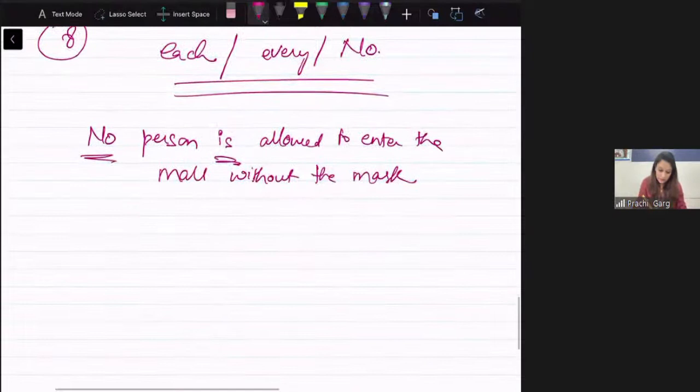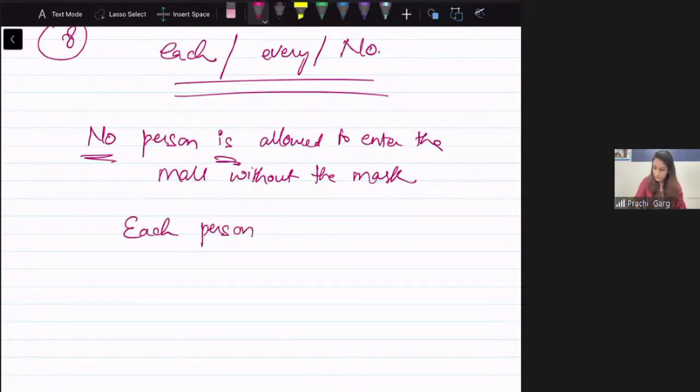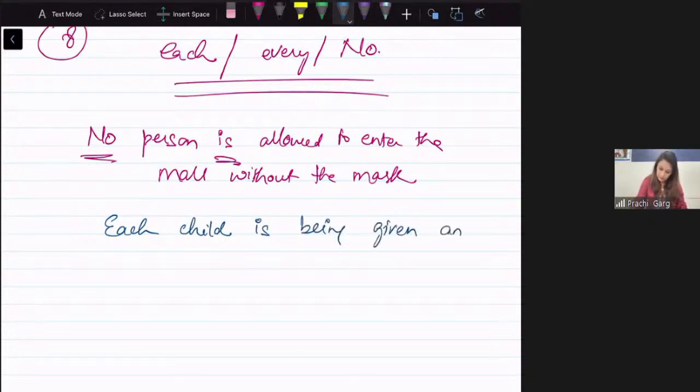Okay, now one with each. Each child is being given an extra mask, right?